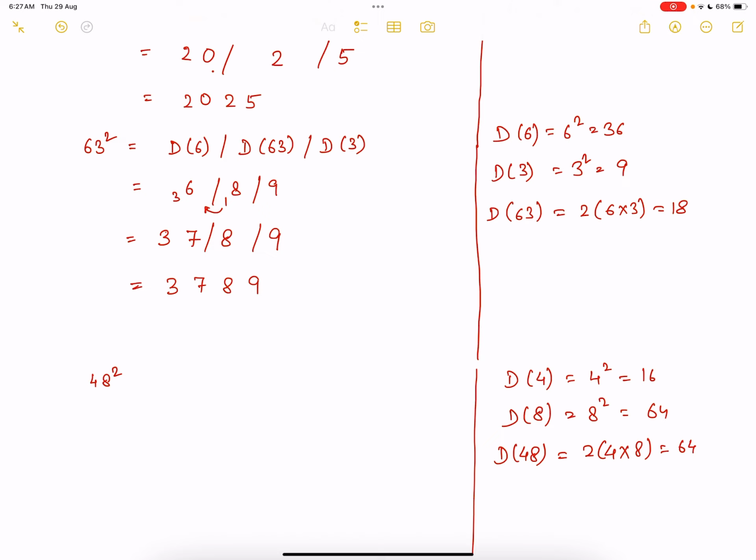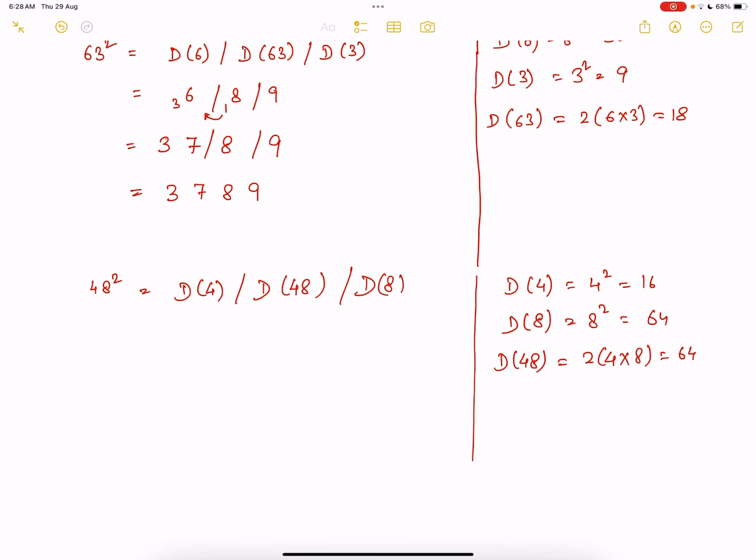Let's do 48 square. So this is D4, D48, D8. Now if you want to find out, D4 has already been worked out, 16, D48 is 64, D8 is 64. So we have 4. This 6 goes here. 6 plus 4 is 10.